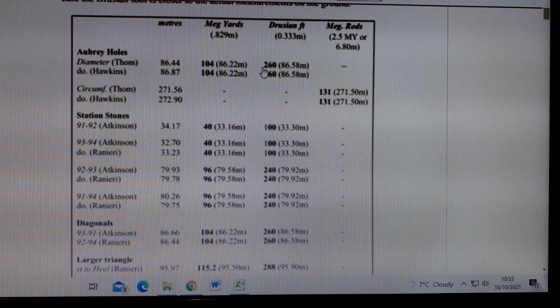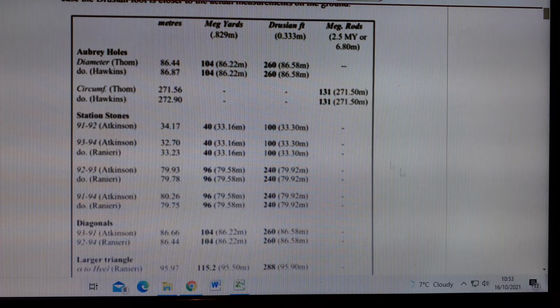But what we can say is that there are 260 units in the station stone rectangle diagonal. And that is complicated because the assumption is that the diameter of the Aubrey holes and the diagonal of the station stone rectangle are the same, but they're not. And this whole idea that Mackie has produced is right.